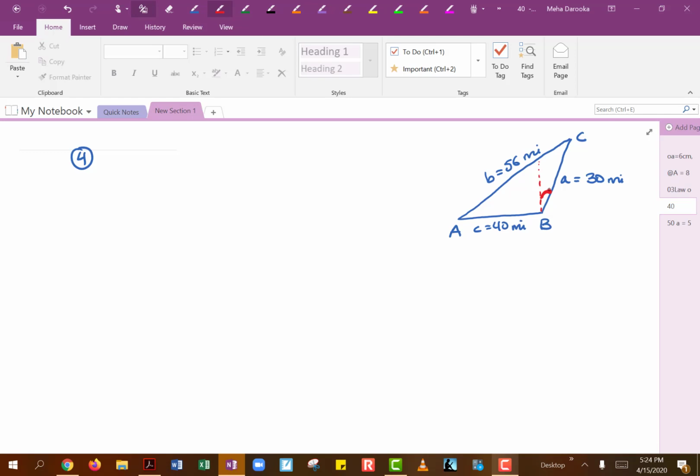Of course you can see we are given all three sides of our triangle. Side a is 30 miles, side b is 56 miles, and side c is of course 40 miles. So we need to actually find that large angle B over here first. Let's start with law of cosines again.